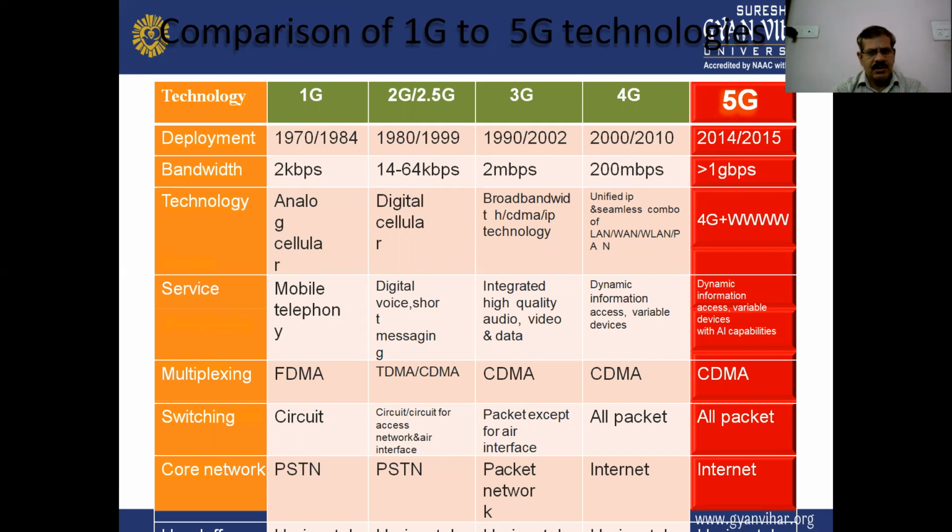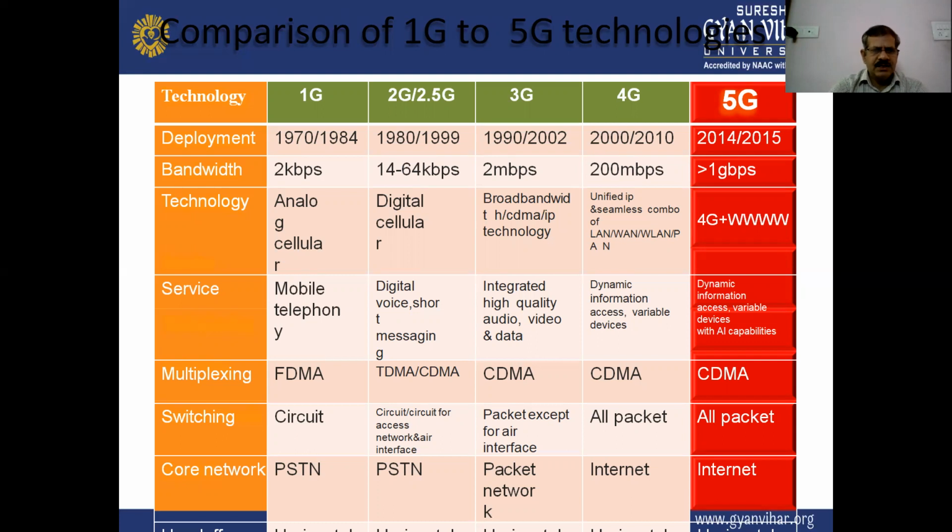And technology for 1G is analog cellular, 2G digital cellular, 3G broadband CDMA and IP technology, 4G unified IP and seamless combo of LAN, WAN, WLAN and PAN, and for 5G, 4G plus WWWW.